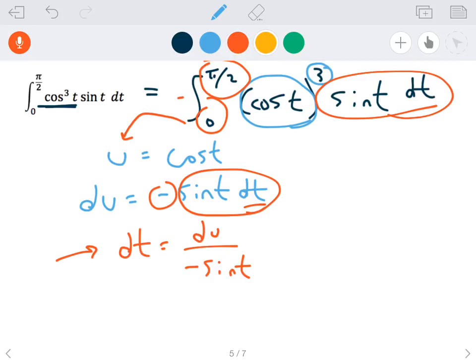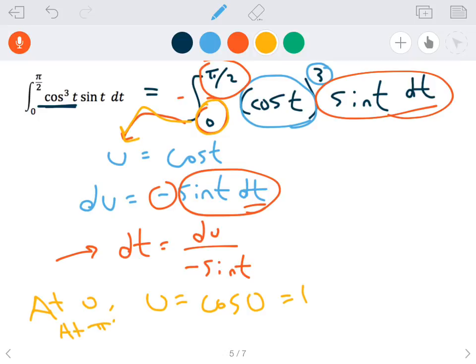So for example, I'm going to take 0 and plug it in for u. So at 0, u is equal to the cosine of 0. The cosine of 0 is 1. I can do it again.